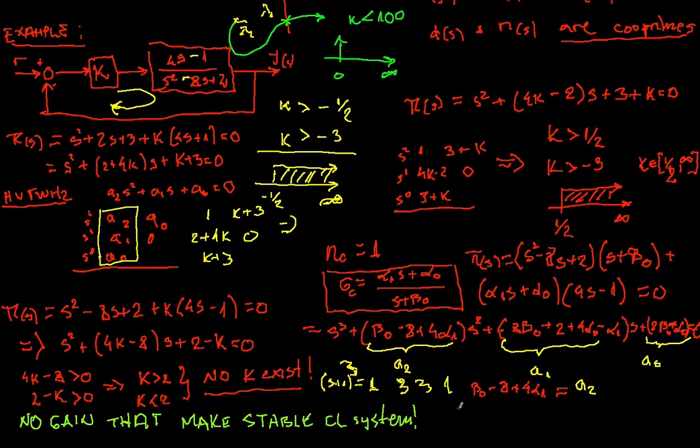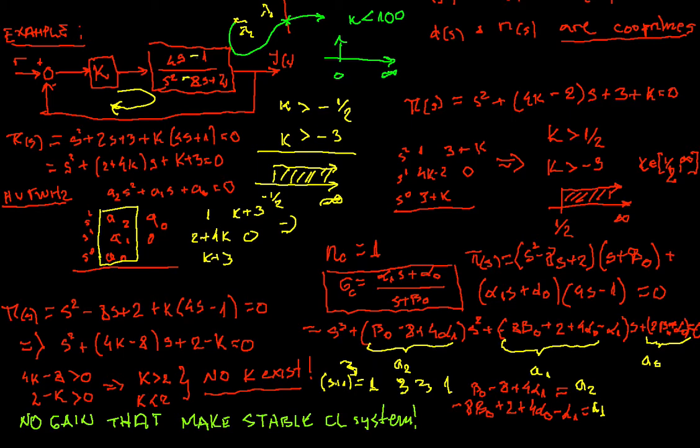Also minus 8 beta 0 plus 2 plus 4 alpha 0 minus alpha 1 equal A1.